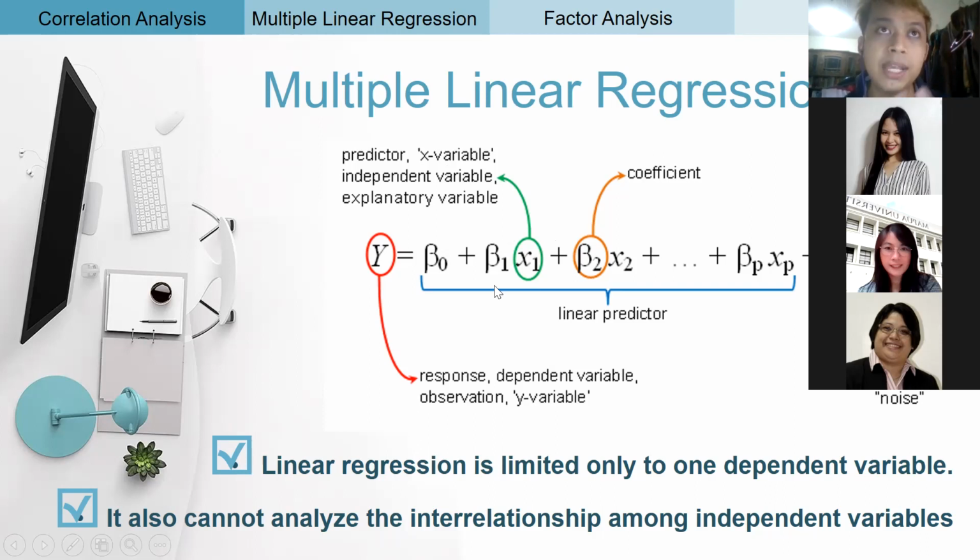For example, male and female who have the same anthropometry, male is still stronger than female. So that's why we cannot see the causal relationship between the independent variables if we only utilize this one. That's why multiple linear regression, usually the title is predictive model, or like a mathematical model, something like that.